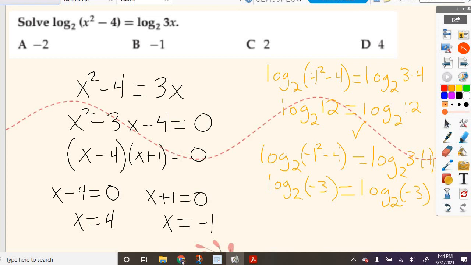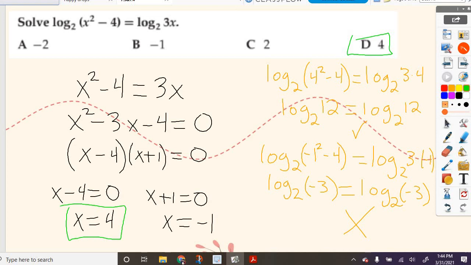So technically, we get a true statement because they equal the same thing. However, because we have a negative on the inside of our logarithm, we would get a domain error. So that means that -1 cannot be one of our solutions. That means that only 4 is going to be able to work. So that's going to be my solution.